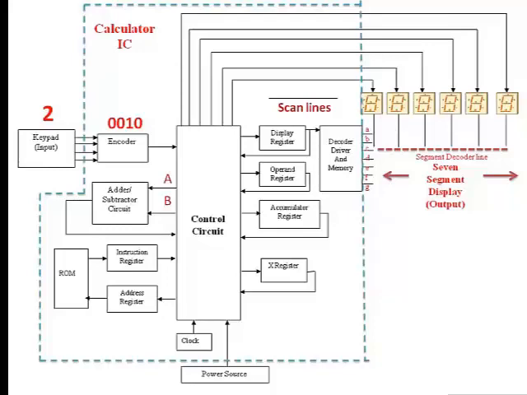The binary number 0010 is passed to the display register by the control circuitry, and it is stored in the display register, so that the content of display register is 0010.